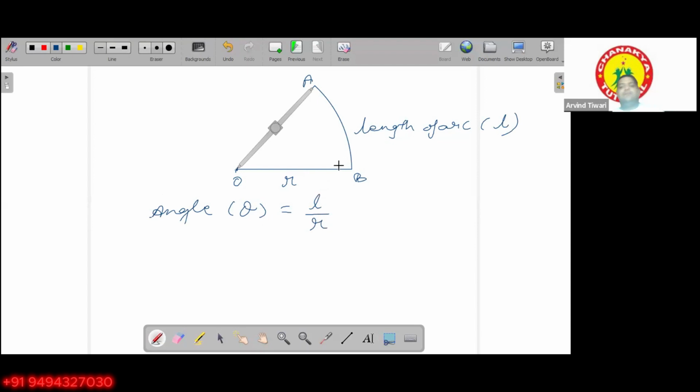If the length of arc is equal to the radius, the angle will be equal to 1 radian.